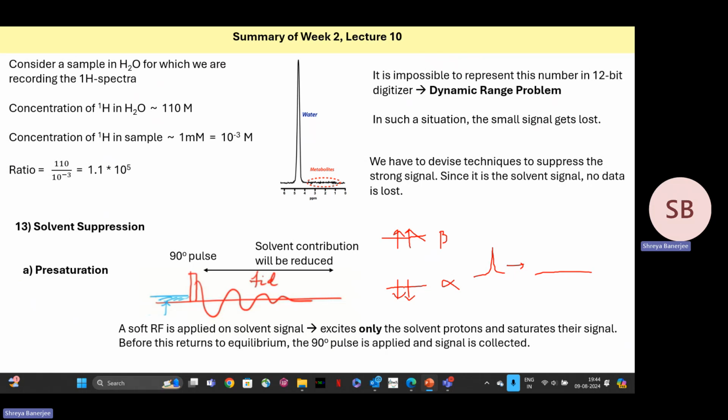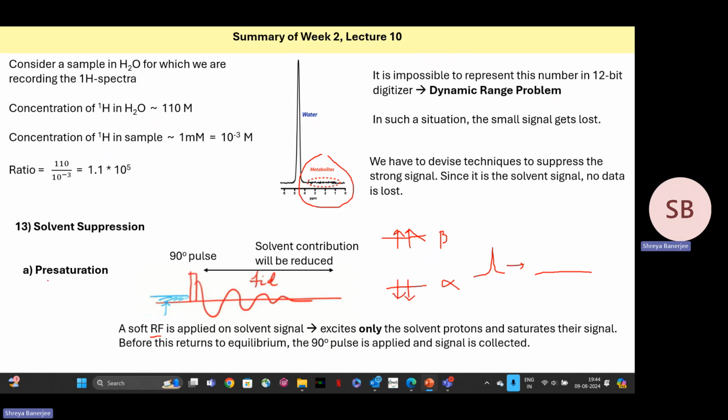So you apply radio frequency equal to the frequency of the solvent, and you cause this kind of saturation condition in the solvent. If you do that, the solvent signal will become 0. And the 90-degree pulse and the FID will only detect the sample signature, which is what you want.